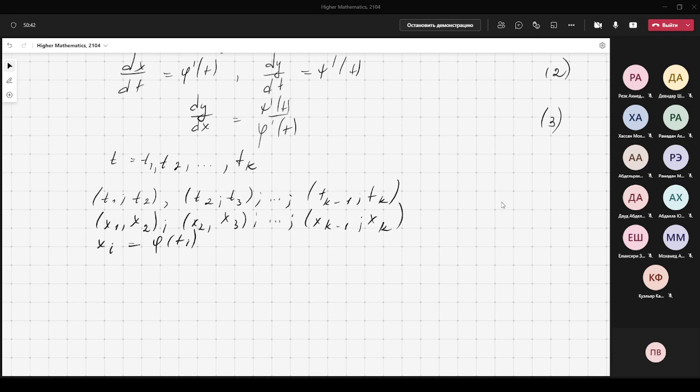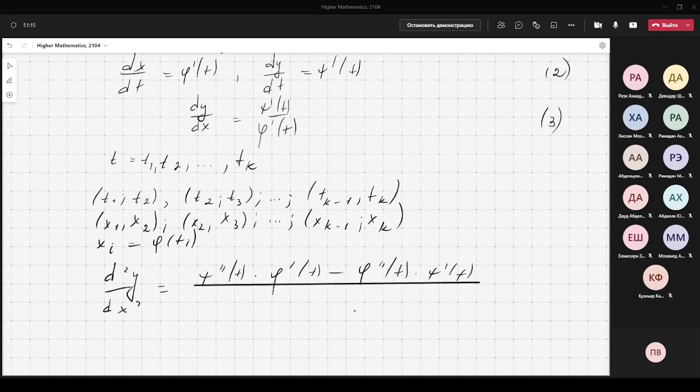Next, evaluate the second derivative, which is equal to psi double prime of t times phi prime of t minus phi double prime of t times psi prime of t over phi prime of t cubed, formula 4.